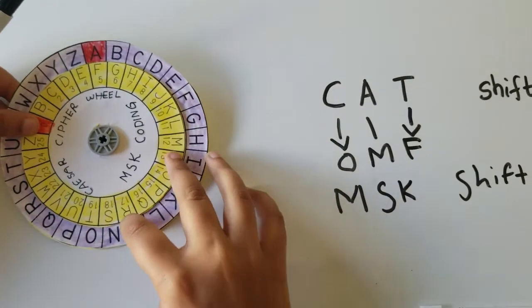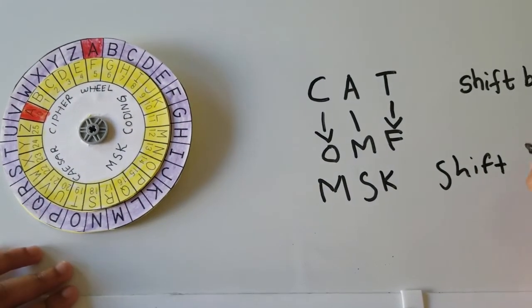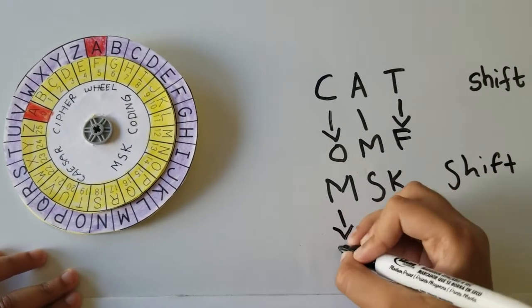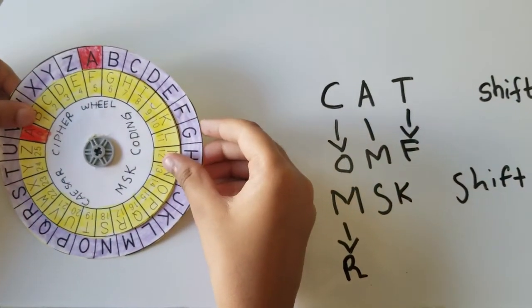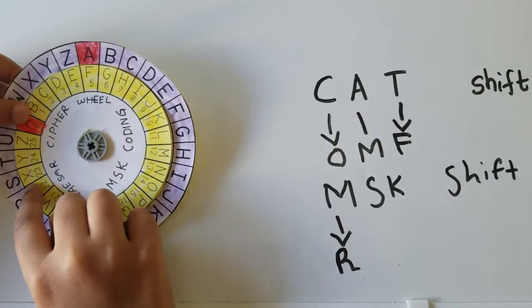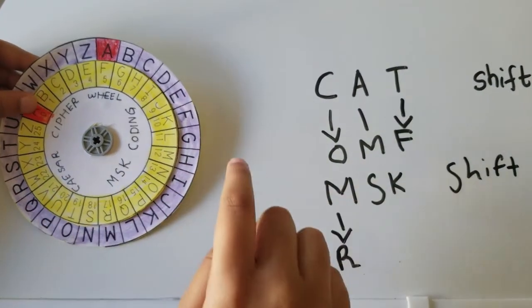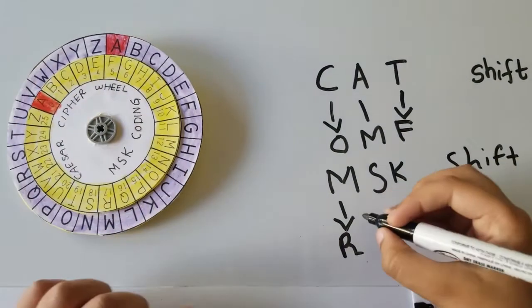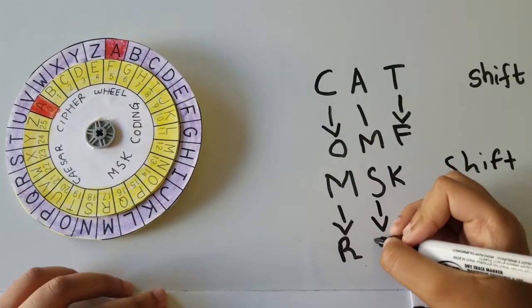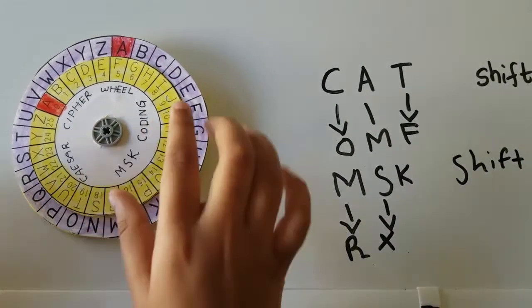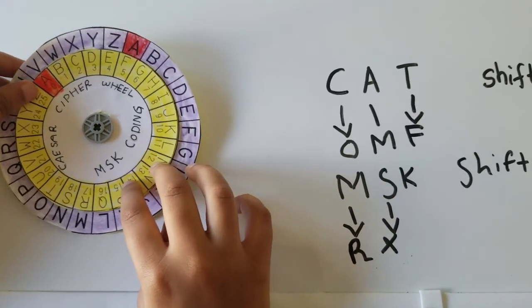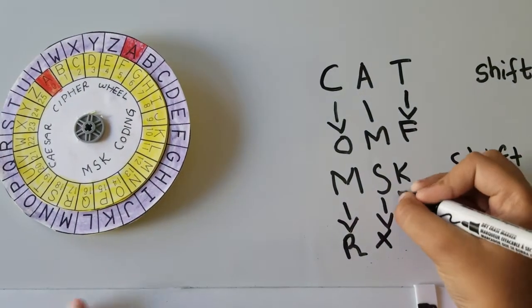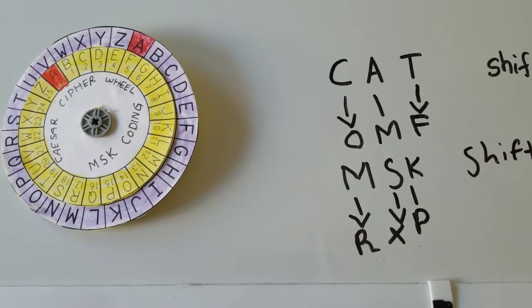M is R, so this turns into R. S is X, so it's R, X, and then K is P, so R, X, P.